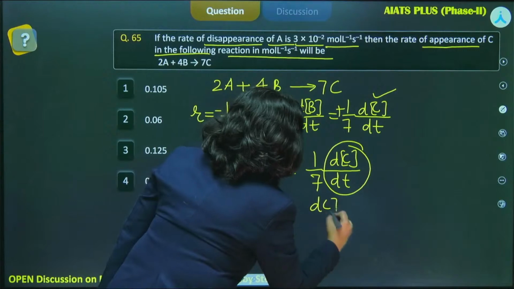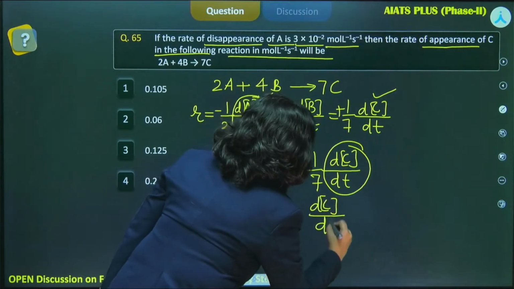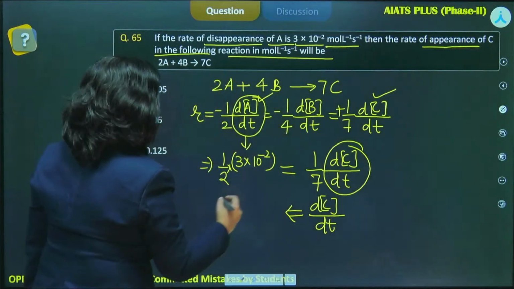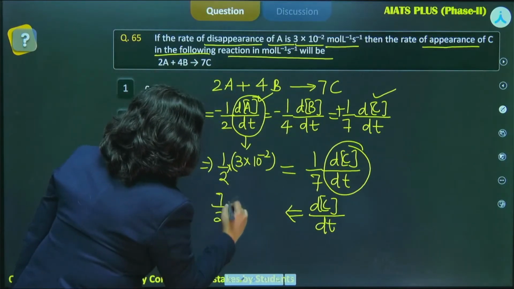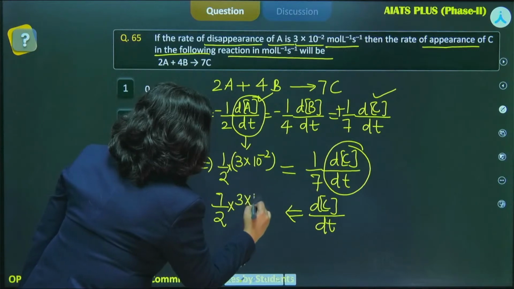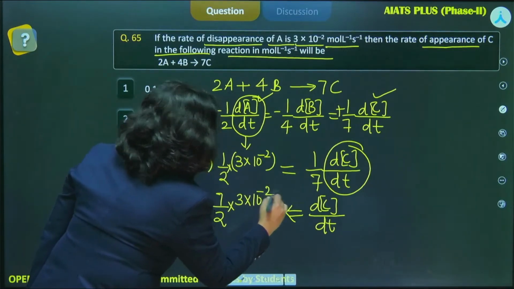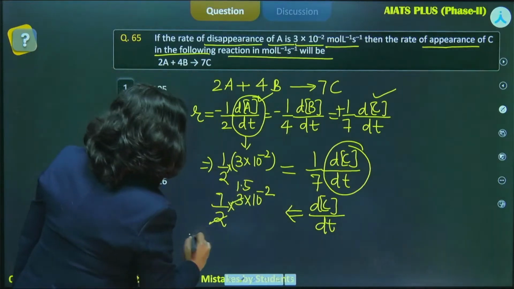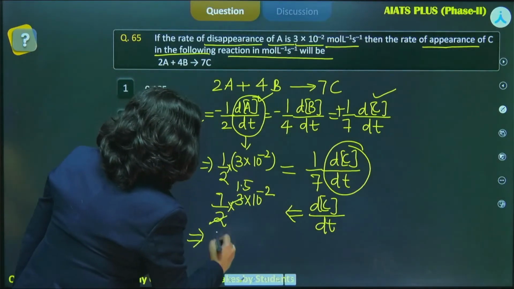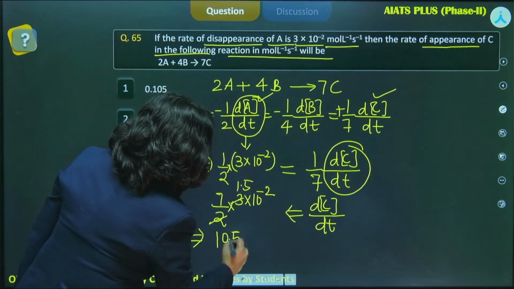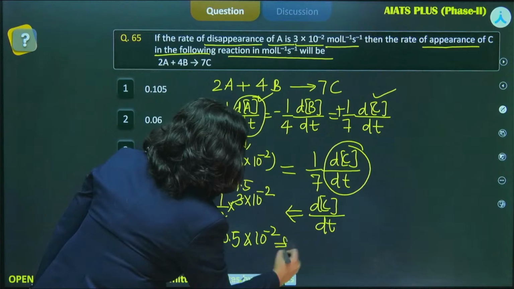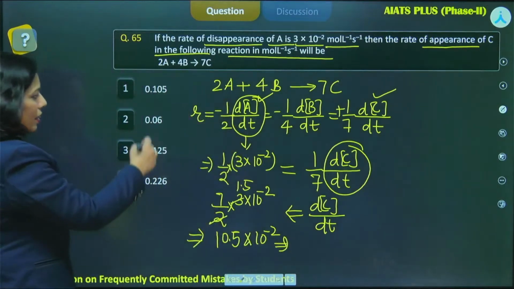So the formation of C, the rate of appearance of C with respect to time is 7 by 2 into 3 into 10 raised to the power minus 2, right? So this is 1.5 and 15 sevens are 105. 10.5 into 10 raised to the power minus 2, and it could be simplified because the answer is in decimals only.